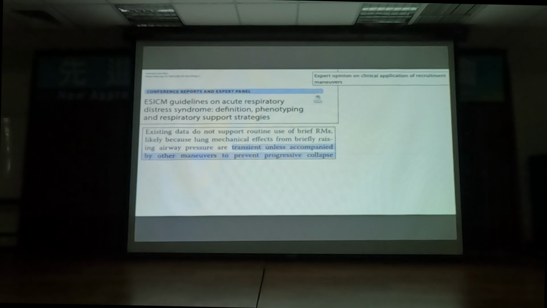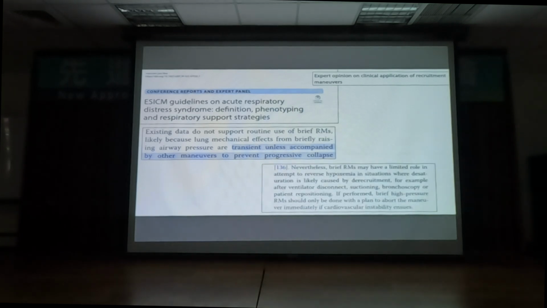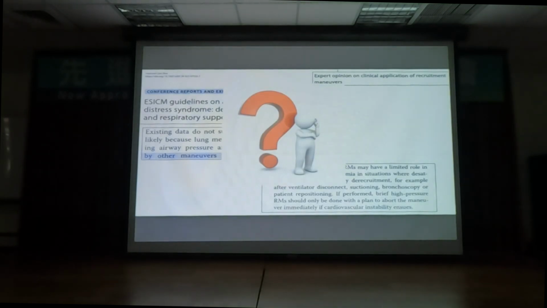So who does lung recruitment and doesn't optimize the PEEP? There's no point, of course. So this is total rubbish, because we always have to optimize the PEEP afterwards. And then they say, nevertheless, they may have a limited role in attempts to reverse hypoxemia, blah, blah, blah, and yet they recommend against. And you know what they based this on? Take one quick guess, the ART trial.